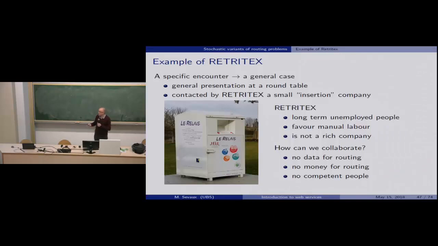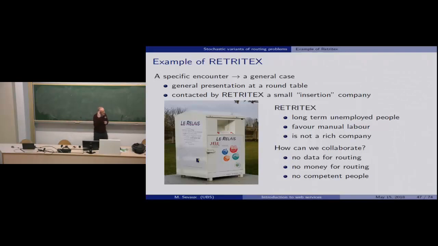So this company favors manual labor, and the idea is that you should organize the collection, of course, and the sorting of the old clothes, to create some jobs for unskilled or unemployed people.